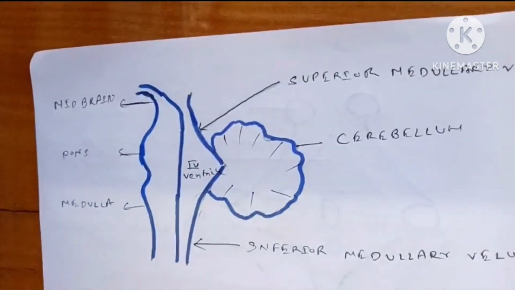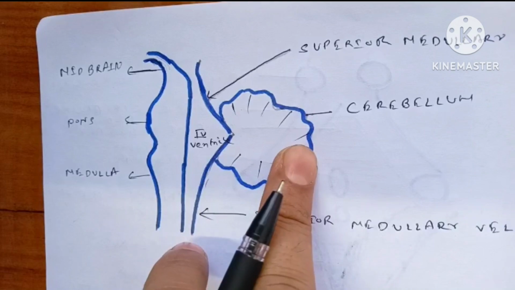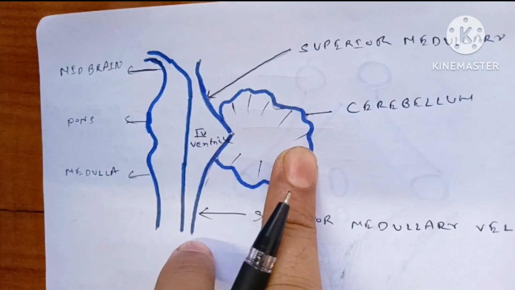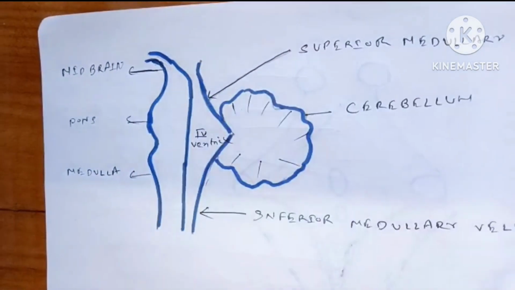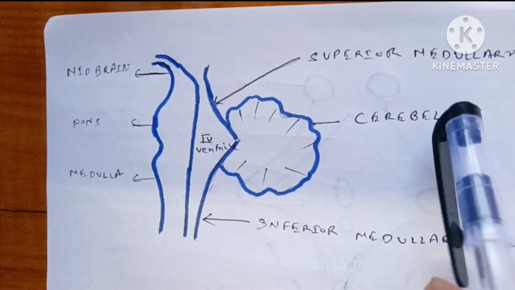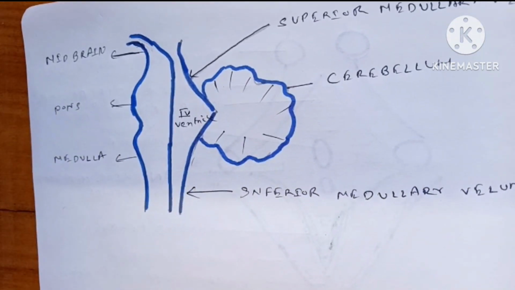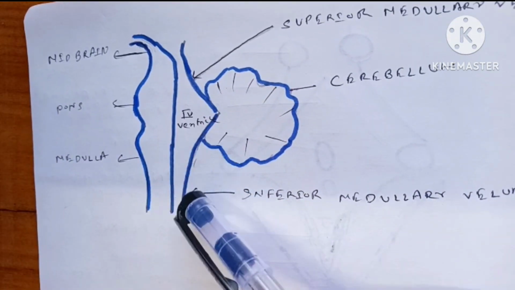As shown in the figure, this fourth ventricle is located in between the pons, the medulla and the cerebellum. And here is the superior medullary velum, which forms the roof of this fourth ventricle, and this is the inferior medullary velum.